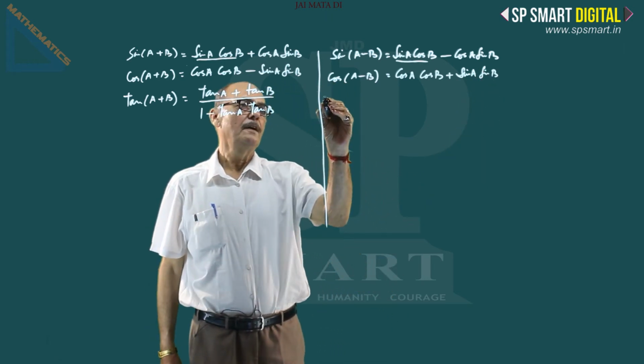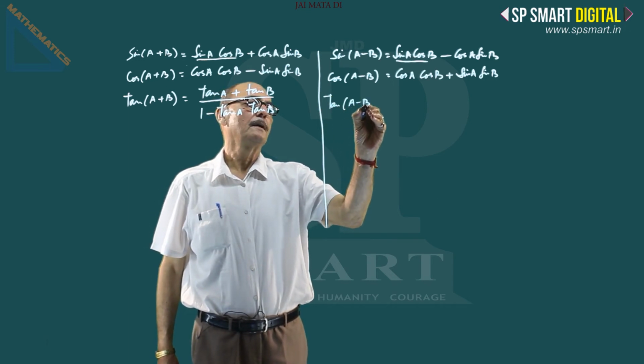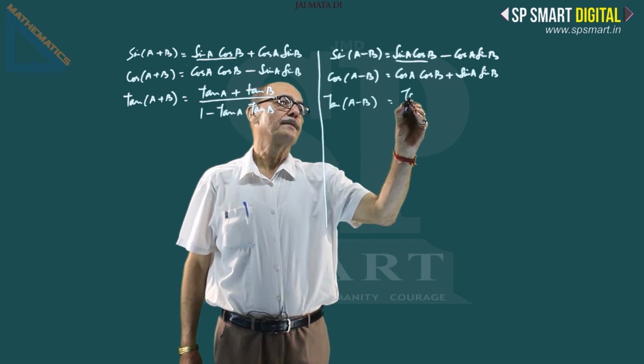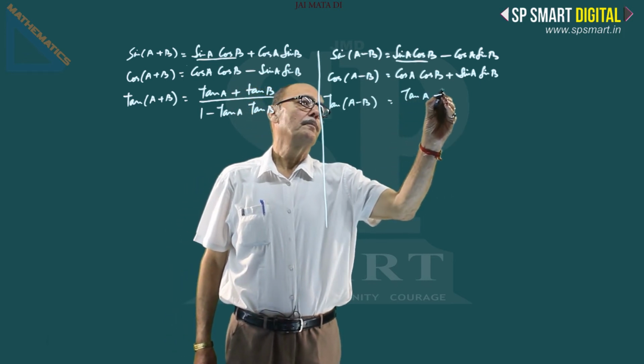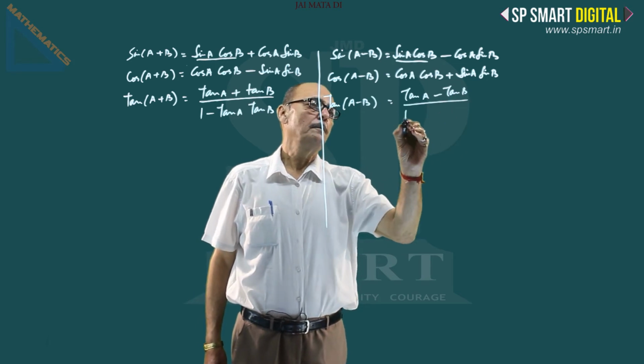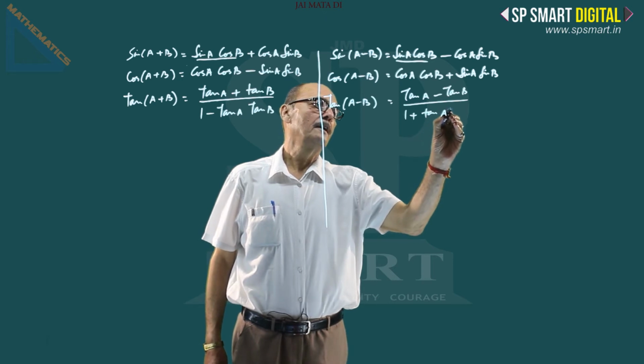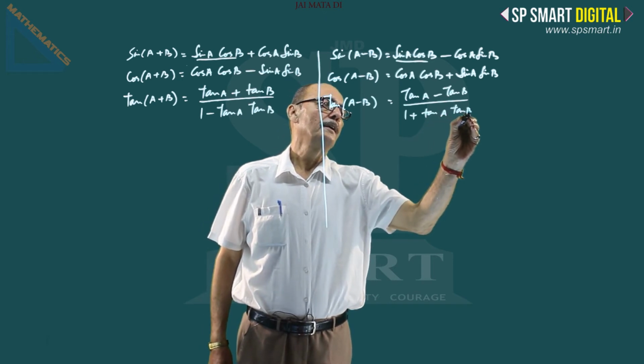Then we have tan of a minus b. So, that is tan of the first angle minus tan of the second angle over 1 plus tan of first angle into tan of second angle.